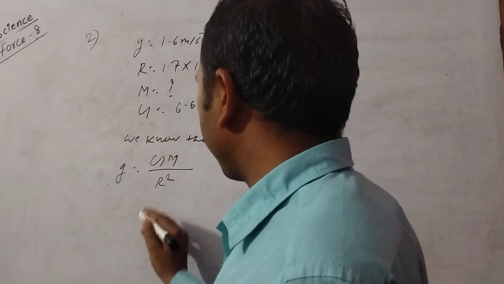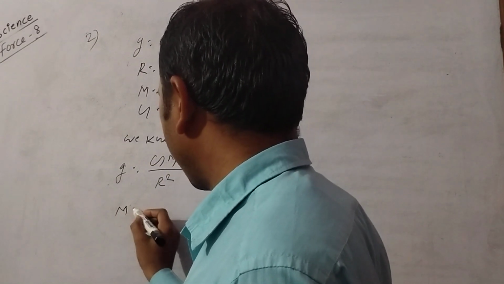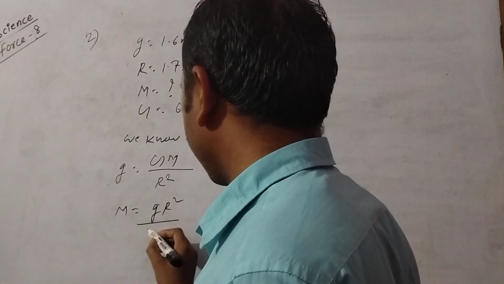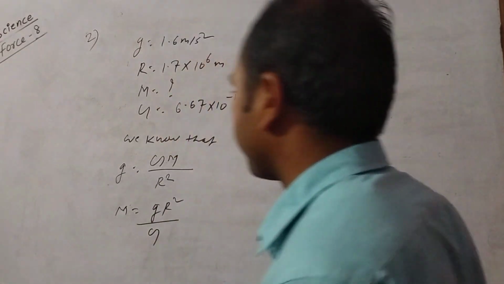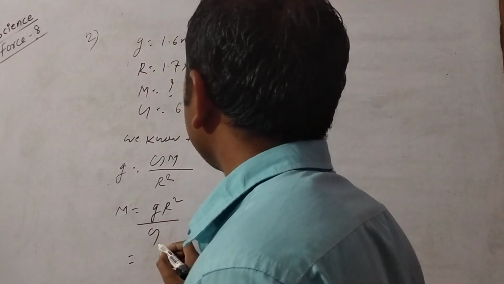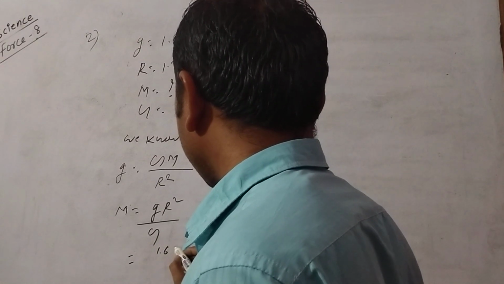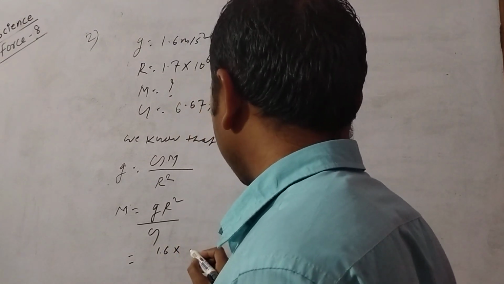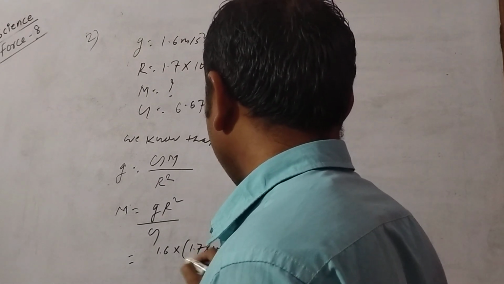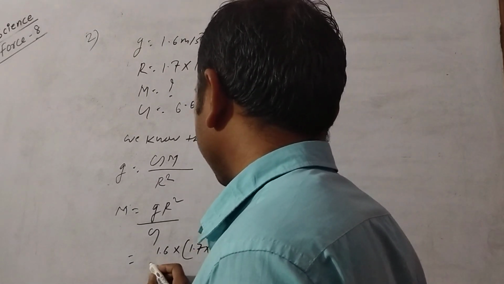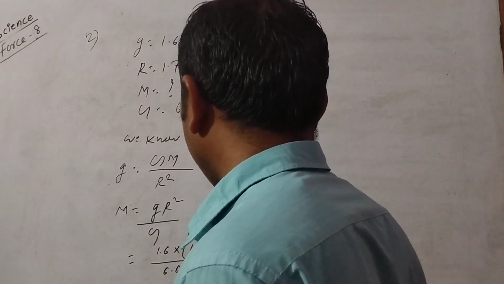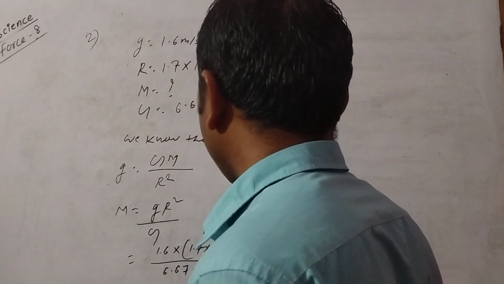Here we have to calculate mass, so we can write it this way: M is equal to g R square by G. Then g is equal to 1.6, R is 1.7 into 10 to the power 6, whole square, by G, 6.67 into 10 to the power minus 11.